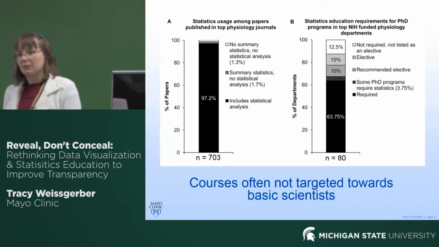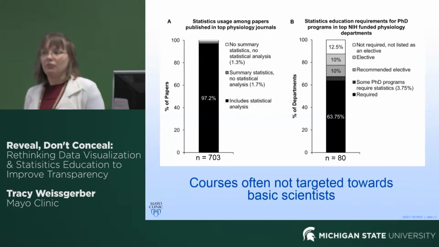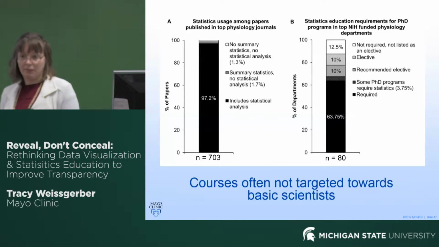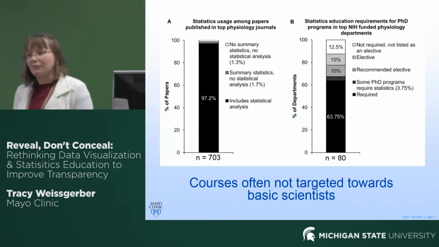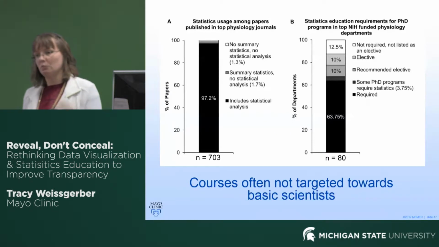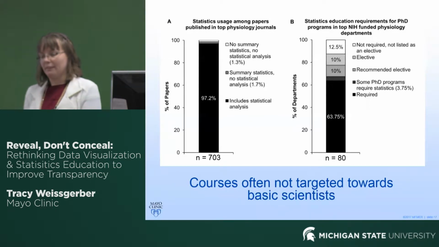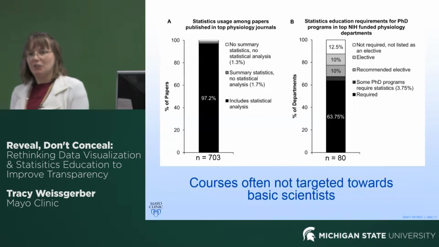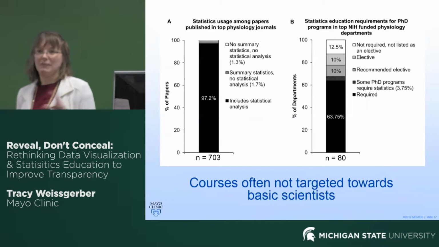So we firmly believe that basic scientists really need to be actively involved in designing stats curriculum, and in making sure that instructors understand what questions their students are asking, what techniques they're used to seeing in the literature, what the problems are with the way stats are typically done, and what sample sizes the students are used to. Both statisticians that I worked with, when they started reading basic sciences papers, said, okay, if I had known that this is what my students were doing, I would have designed my courses completely differently to begin with.